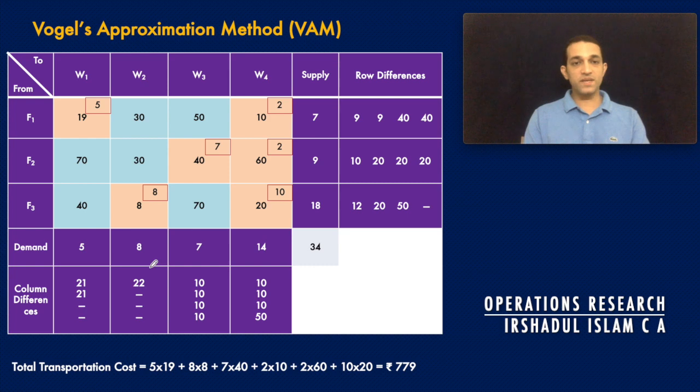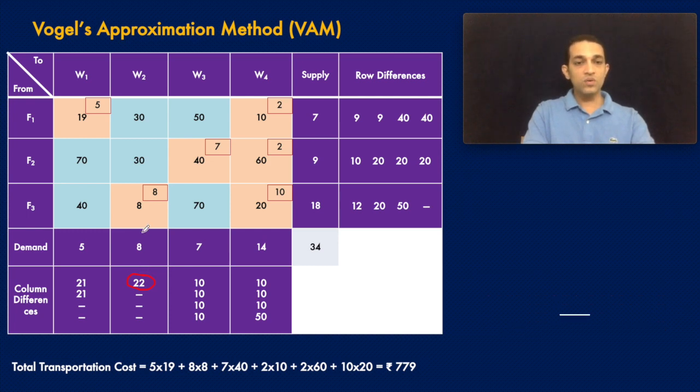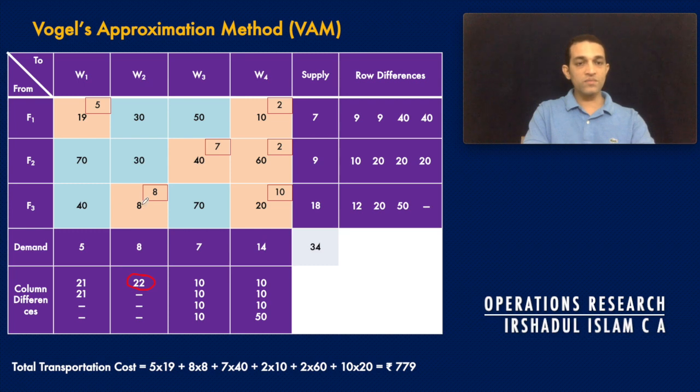Of all these penalty values, we can see that this 22 is the highest penalty. So we will look into this column and the least cost is 8. Here we will allocate maximum possible units.